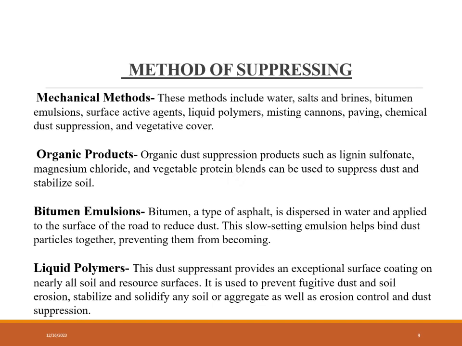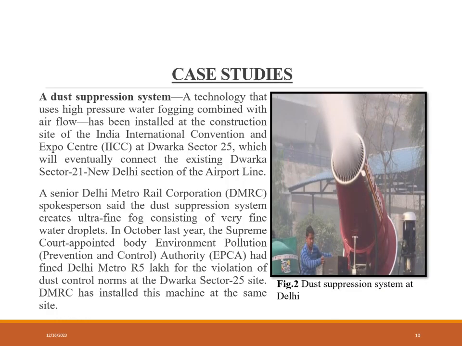These dust suppressants provide an exceptional surface coating on nearly all soil and resource surfaces. It is used to prevent fugitive dust and soil erosion, stabilize and solidify any soil or aggregate, as well as for erosion control and dust suppression.